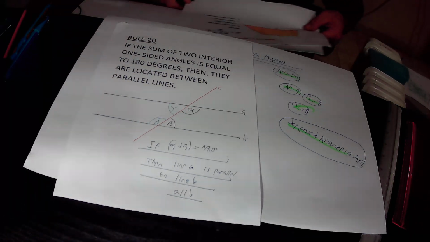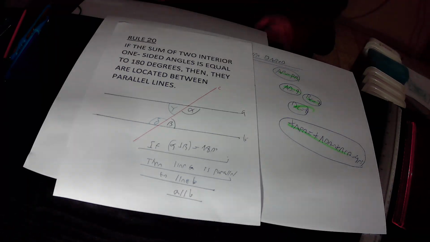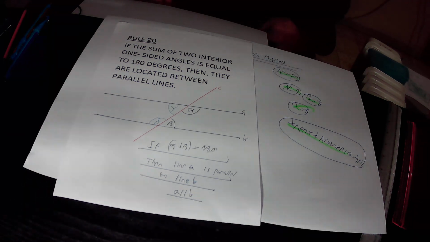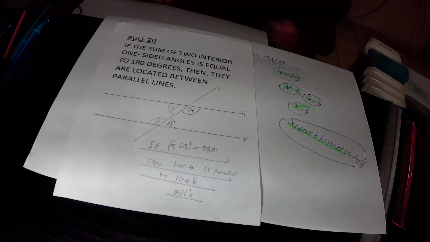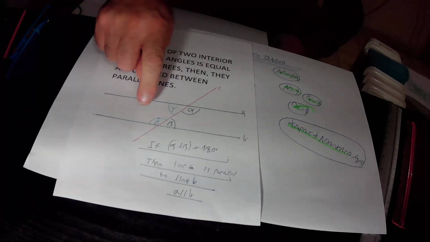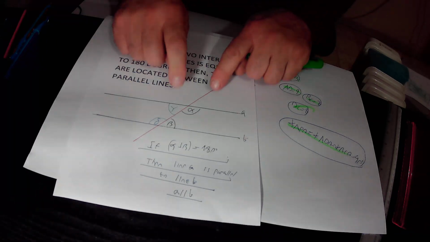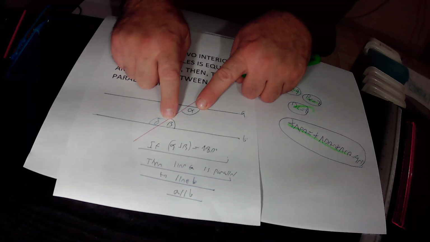According to Rule 20, if the sum of two interior one-sided angles is equal to 180 degrees, then they must be located between parallel lines. So in the moment you have line A, line B, and line C cuts those two lines, and those two angles are defined as one-sided interior angles.